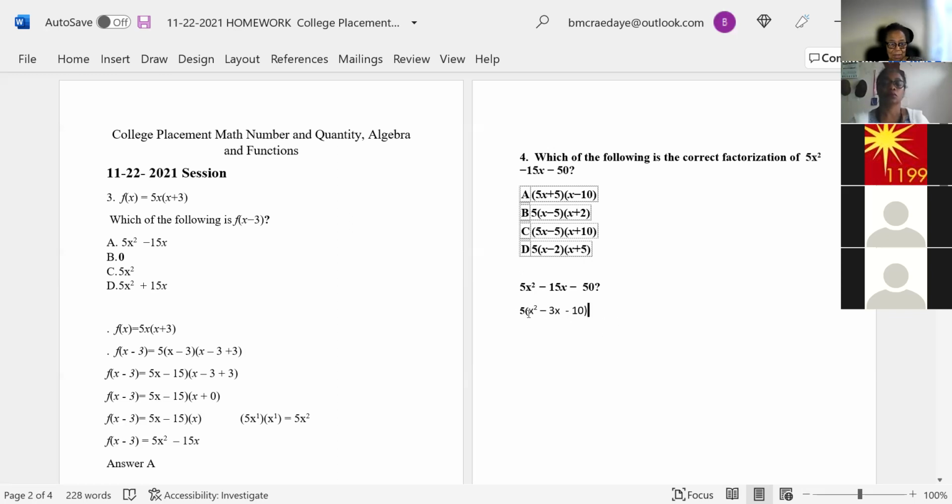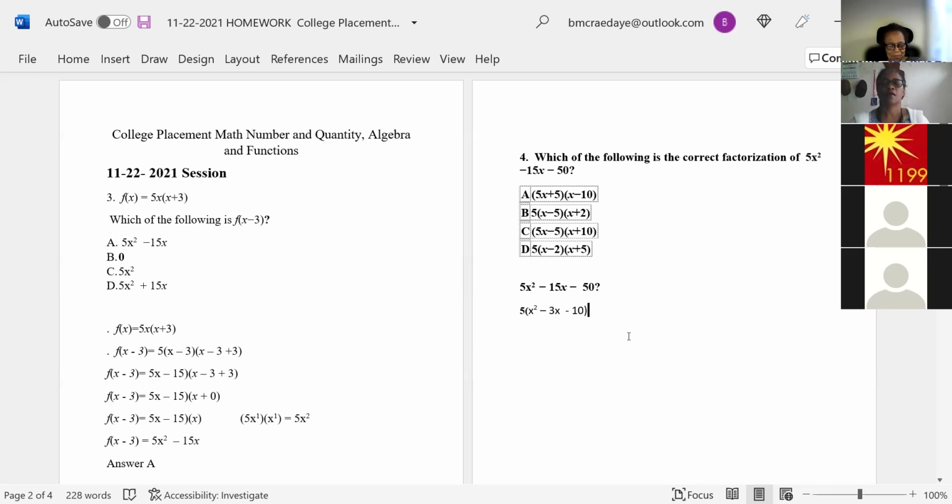Now, what do you call this equation, Maureen? x squared minus 3x minus 10. What kind of equation is that? Whenever you see a power of 2 on a variable, what kind of equation is it?